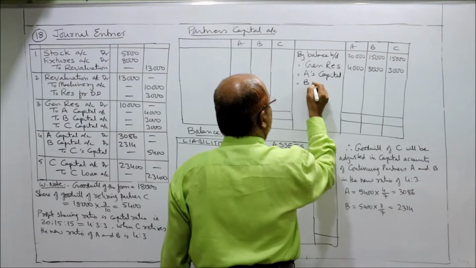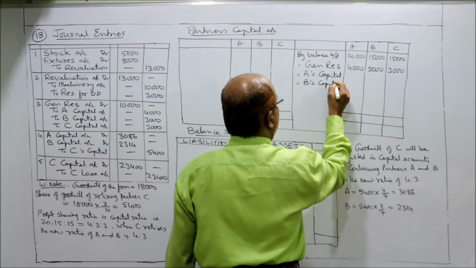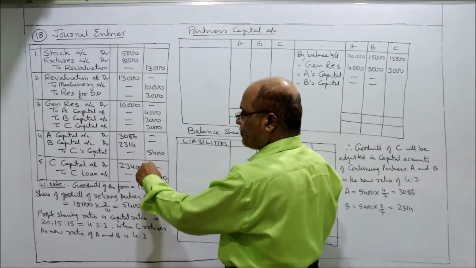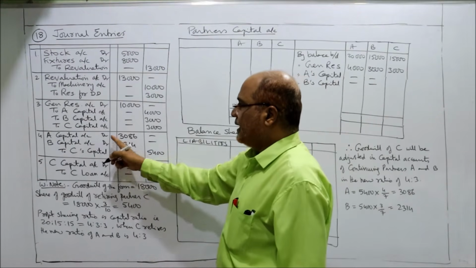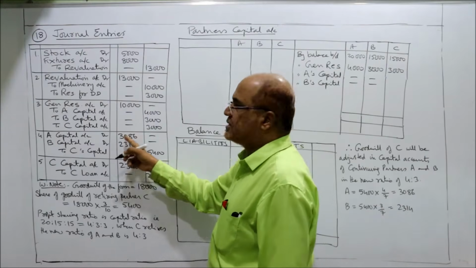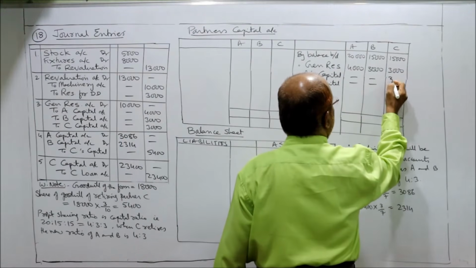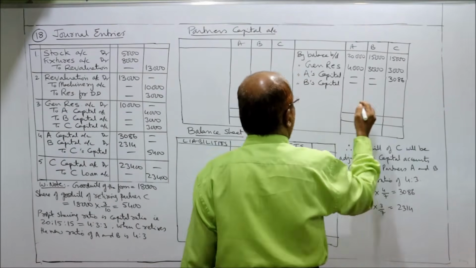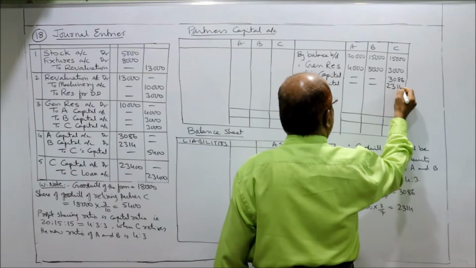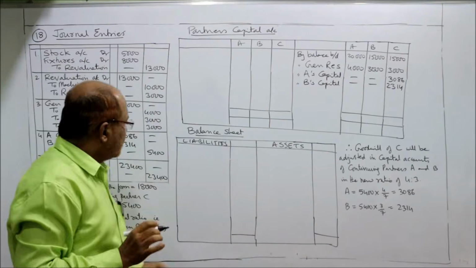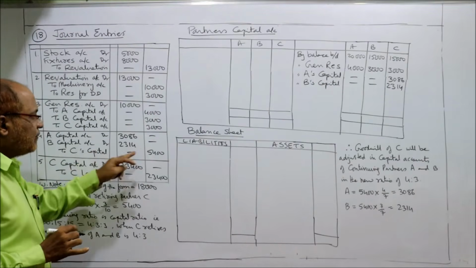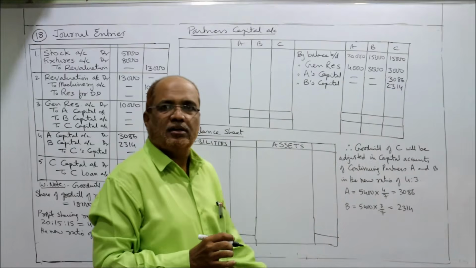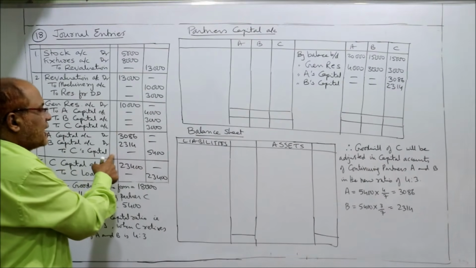A's capital account 3,086 and B's capital 2,314. So I have credited C's capital account by 5,400. If you add up these two amounts, you'll get 5,400. So C's capital account is credited.